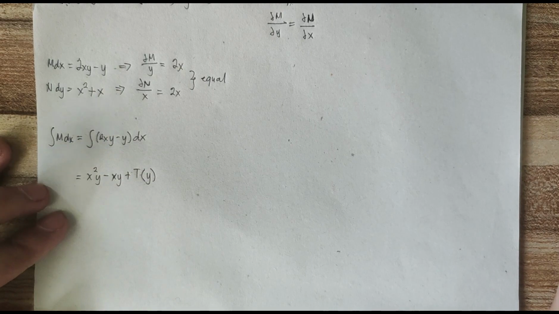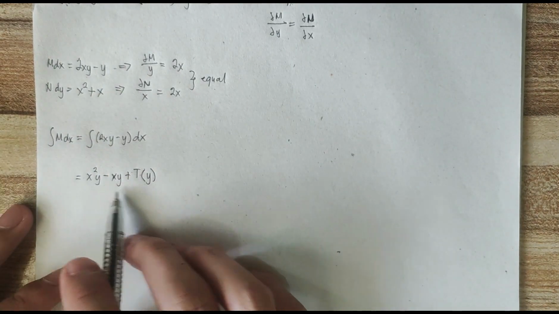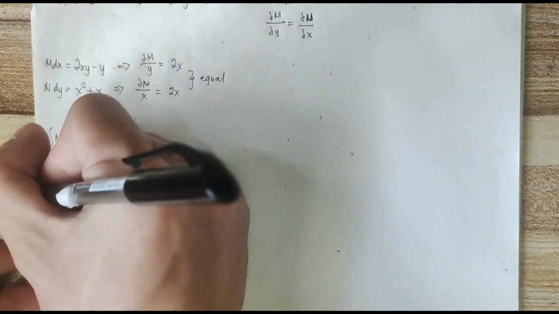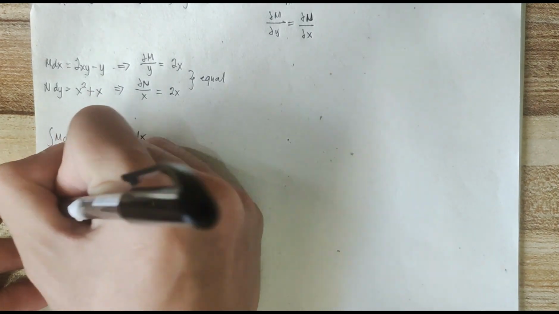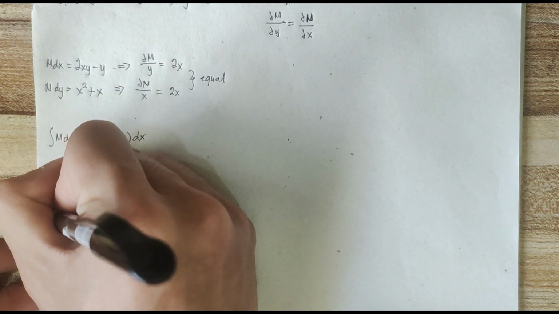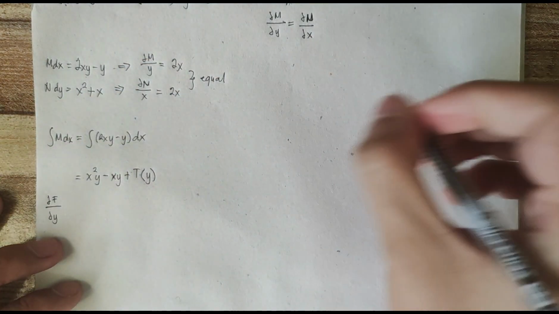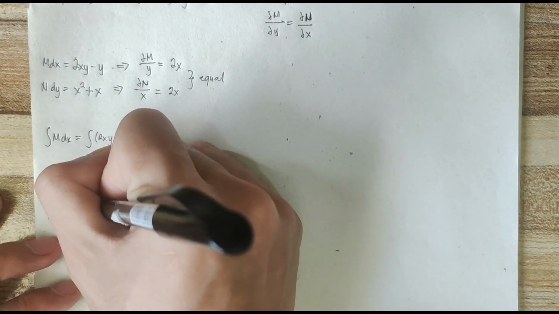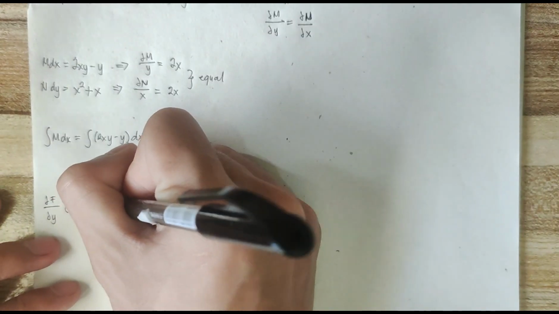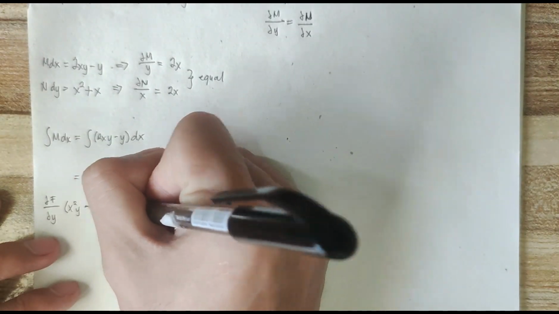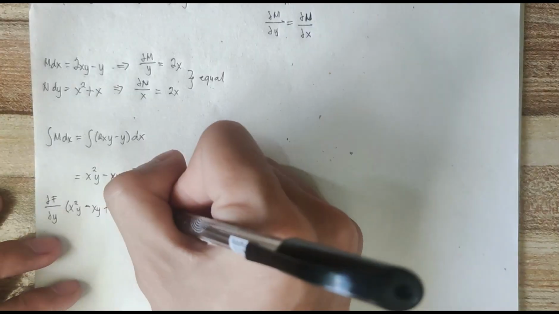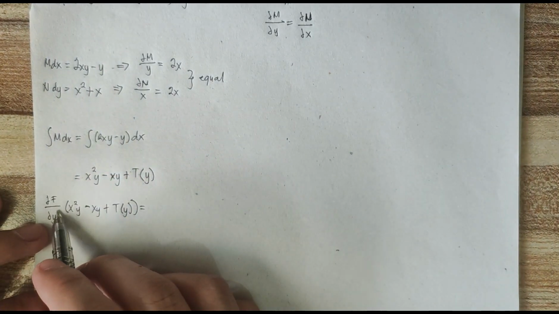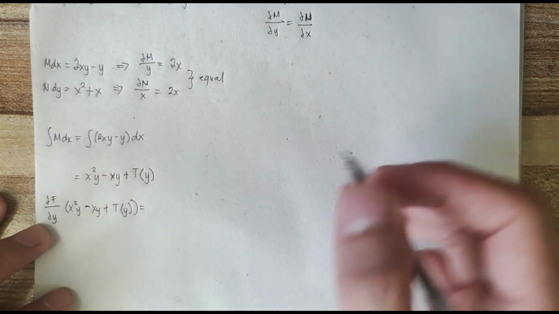The next step is to find the partial derivative of this function in terms of y. So we have the partial derivative of f in terms of y: x squared y minus xy plus t of y.